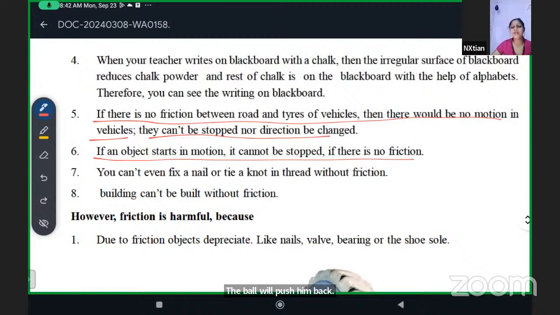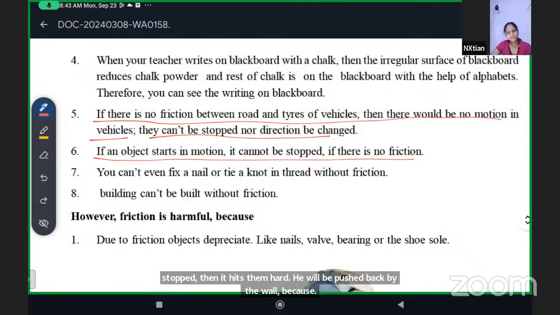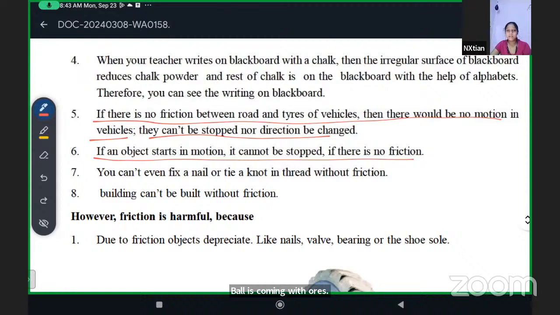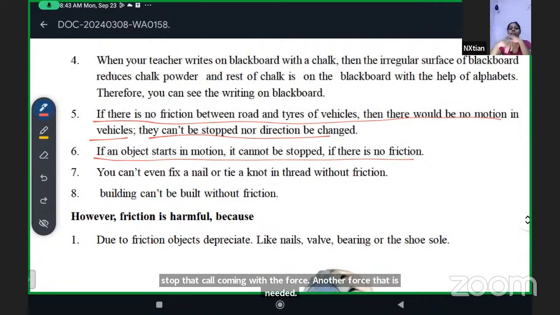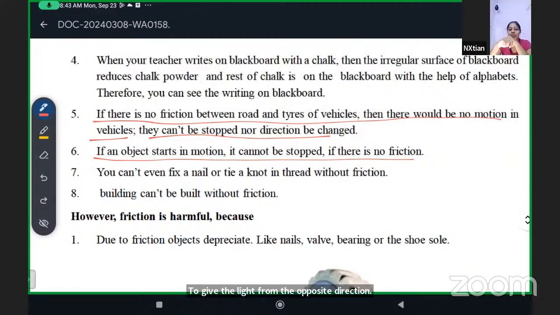If the ball is not stopped and it hits him hard, he will be pushed back by the ball because the ball is coming with force. The ball has a force of its own. To stop a ball coming with a force, another force needs to be applied from the opposite direction. Then only will it stop the force with which the ball is coming.